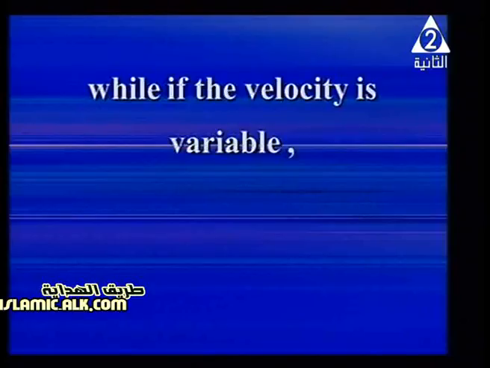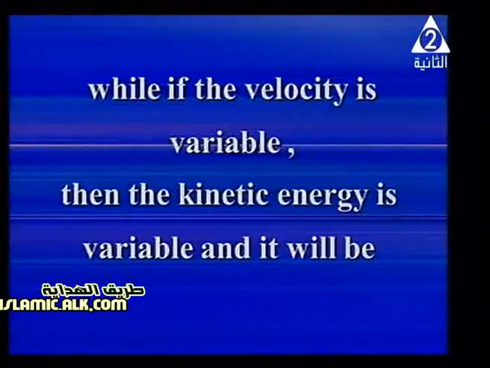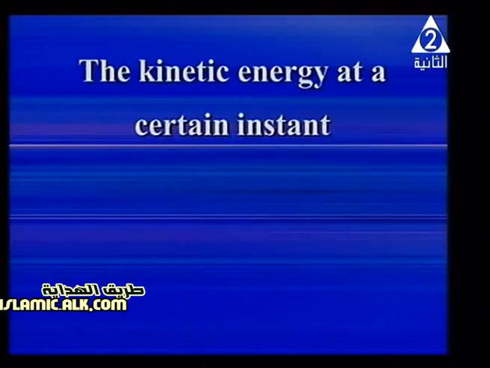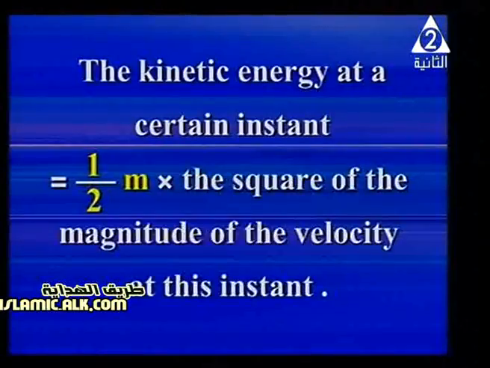While if the velocity is variable, then kinetic energy is also variable, and it will be the kinetic energy at a certain instant, equal to half m times the square of the magnitude of the velocity at this instant.